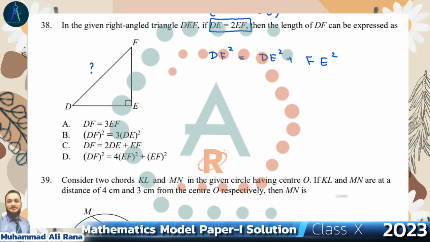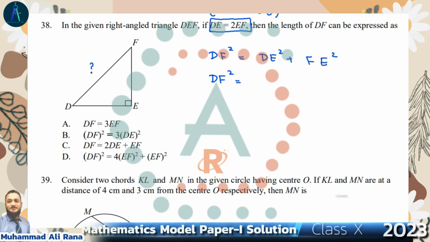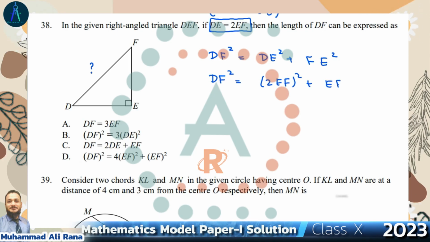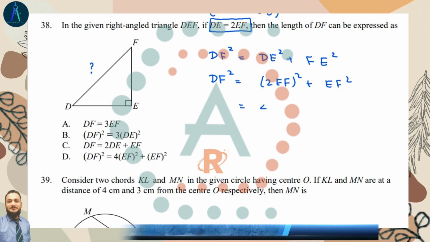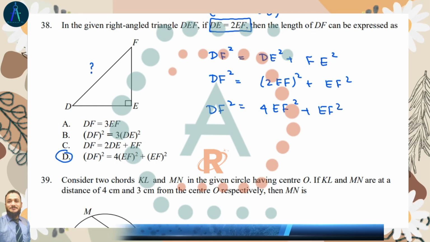So in place of DE we put 2EF. So DF square will be equal to (2EF) square plus EF square. So 4EF square plus EF square equals DF square. So option D will be the right answer.